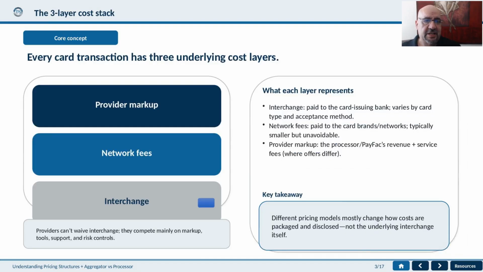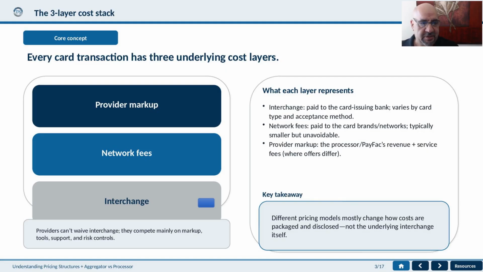Every card transaction has three underlying cost layers: provider, network fees, and interchange. Now, what are these real quick? Provider markup. The provider is basically us. We mark it up from the networks.